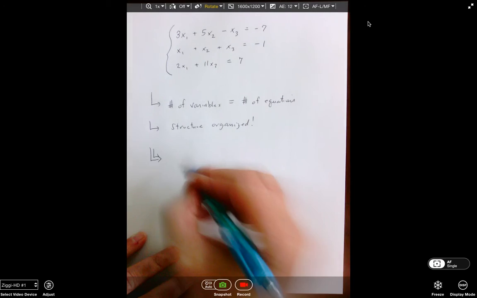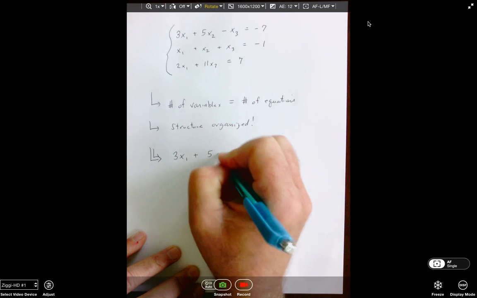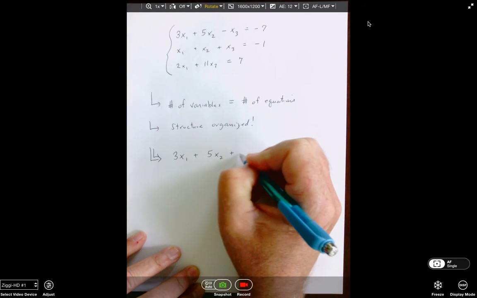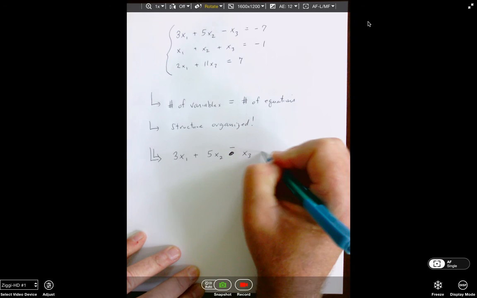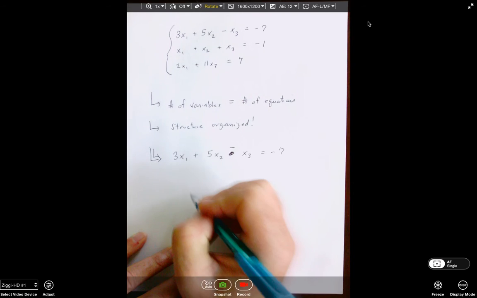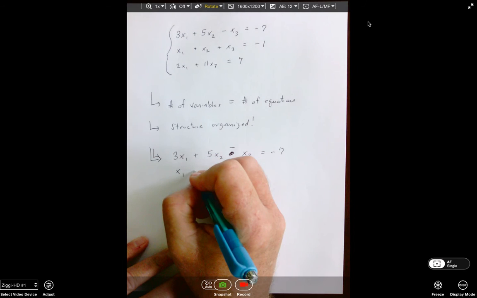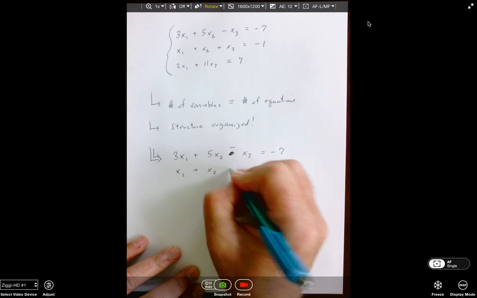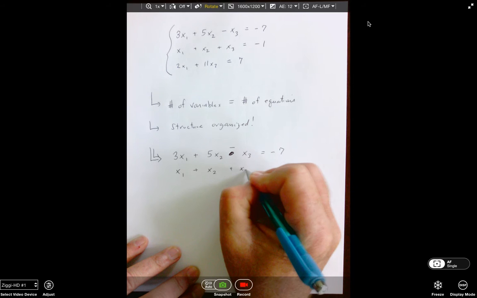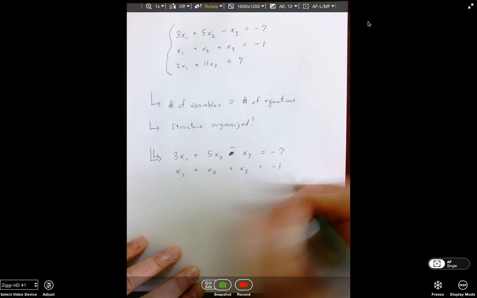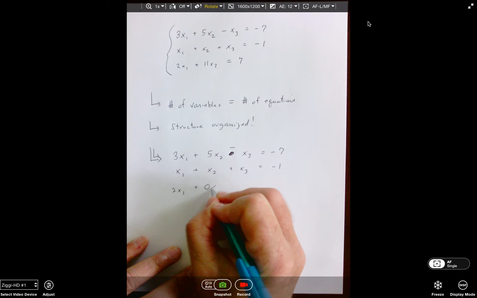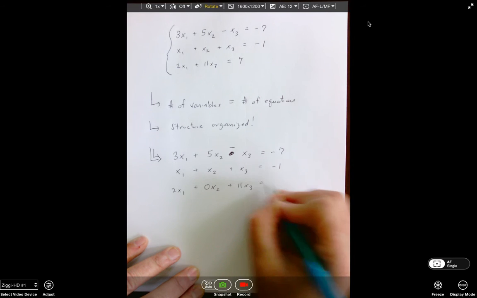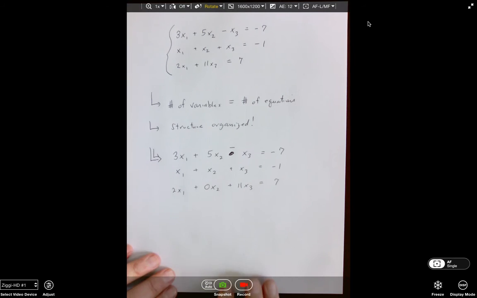So I'm going to rewrite the problem as 3x1 plus 5x2 minus x3 equal negative 7. x1 plus x2 plus x3 equal negative 1. And 2x1 plus 0x2 plus 11x3 equal positive 7.